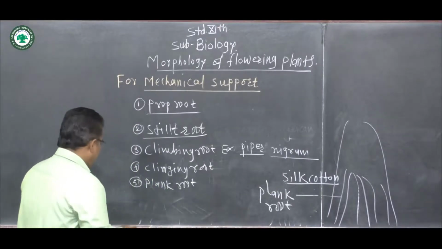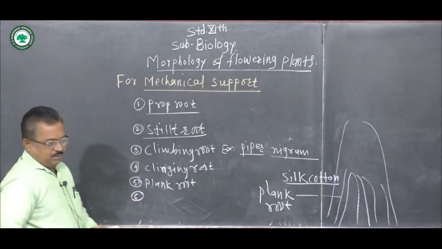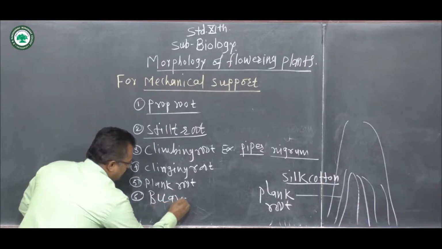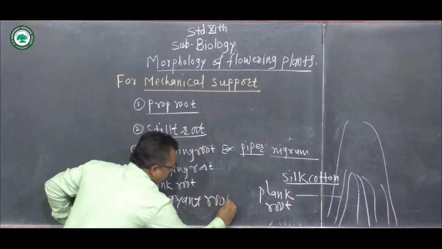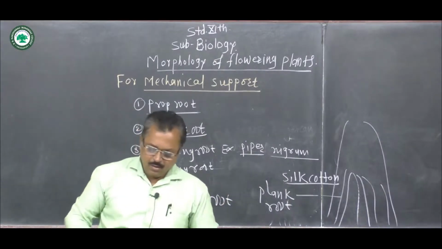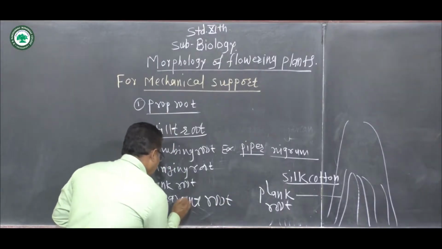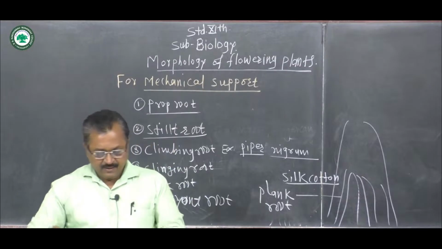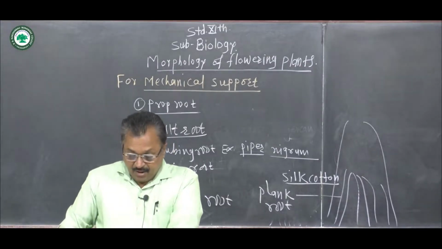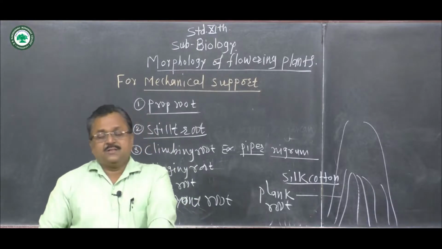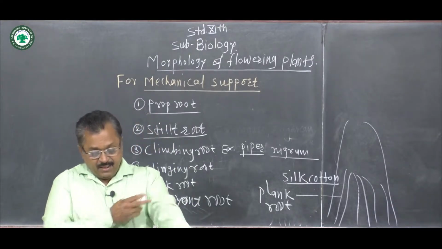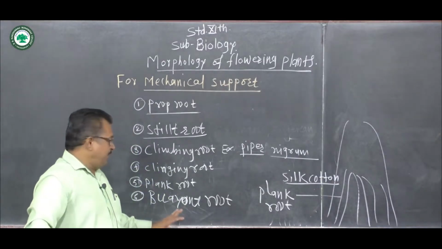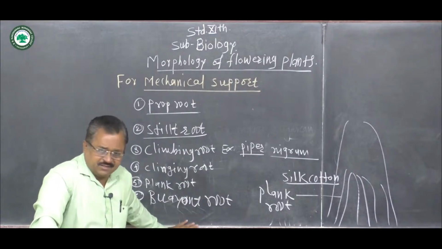Then the next type of root, the float root. Float roots are found in aquatic herbs like Jussiaea repens, where the roots become highly inflated and spongy, providing buoyancy and helping the plant float on the water surface.